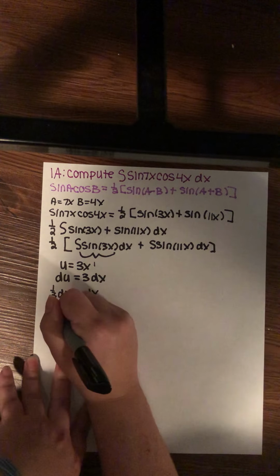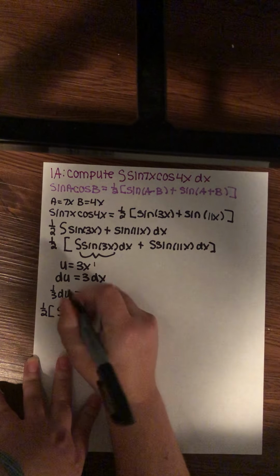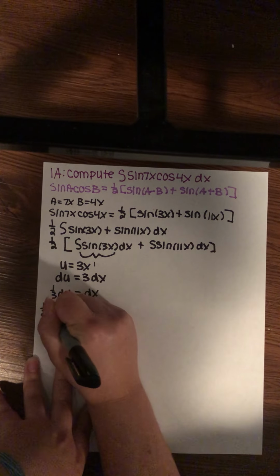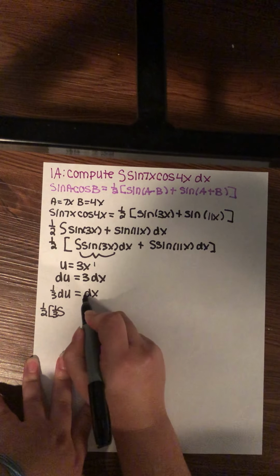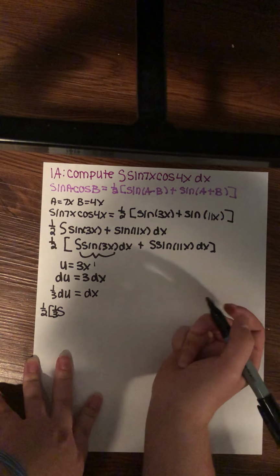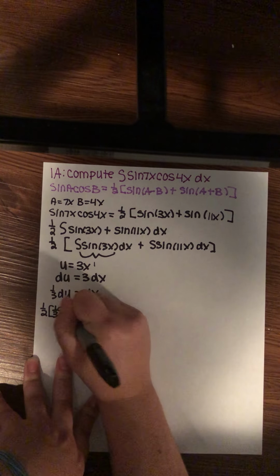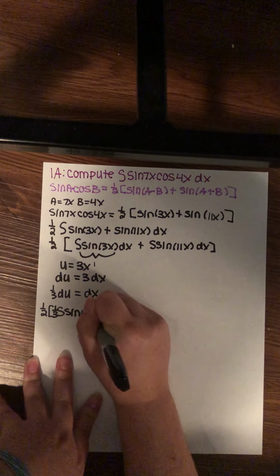And then this would be further simplified to the integral, and we leave 1/3 out again because the du is going to go here in place of the dx. We know that 1/3 du equals dx. We leave the 1/3 out for the same reason we took the 1/2 out, and it would be sine, and 3x is u, du.